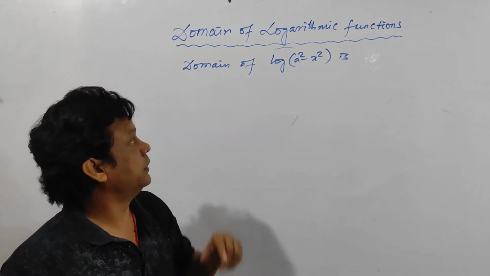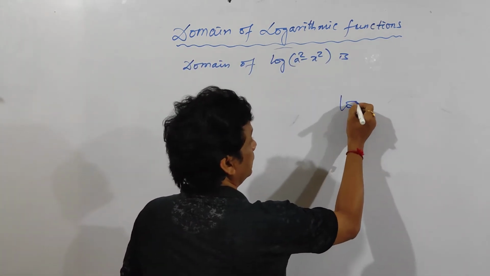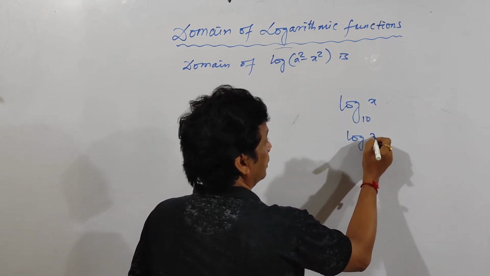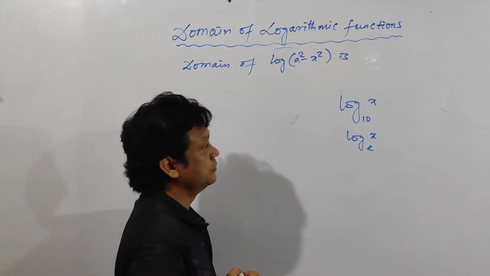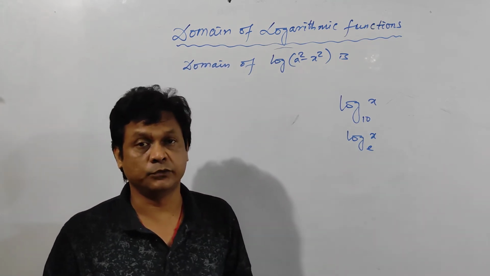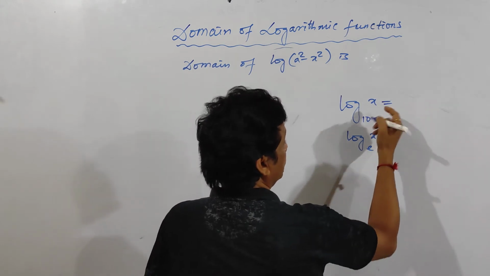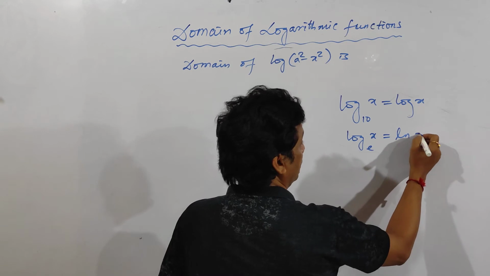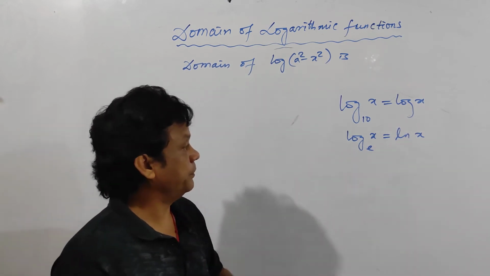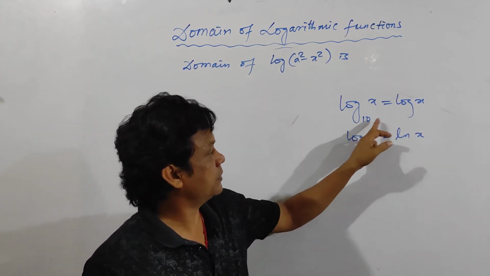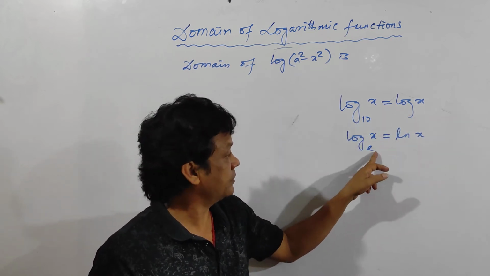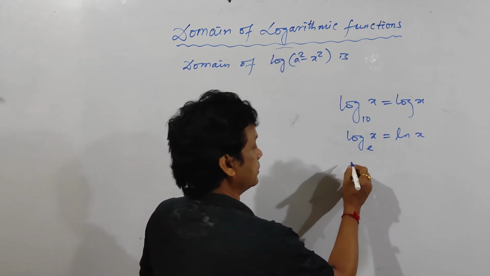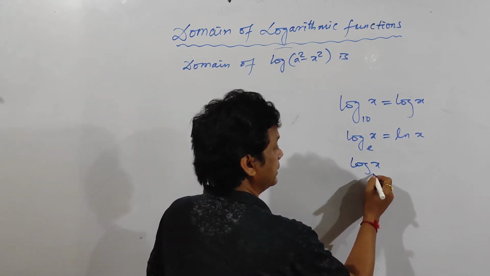See here, actually I am going to tell you something. Log x to the base 10 and log x to the base e: what is the present notation? The present notation is that for base e we are writing ln, and for base 10 we are writing simply log, and for bases other than e and 10 you should mention the base, like log x to the base a.